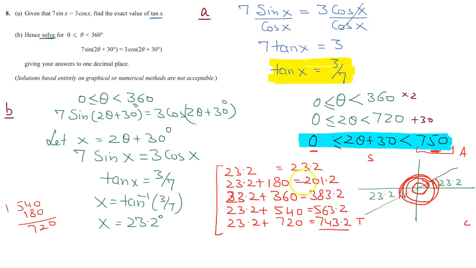So these are the values of x, you can see very clearly. We have theta here, and we have to find the values of theta. So we know that x is equal to 2 theta plus 30.